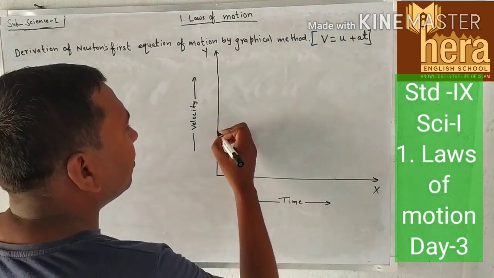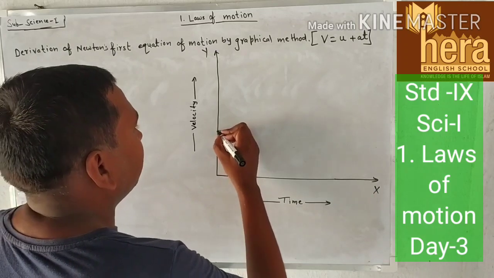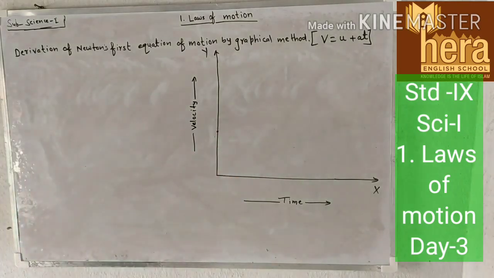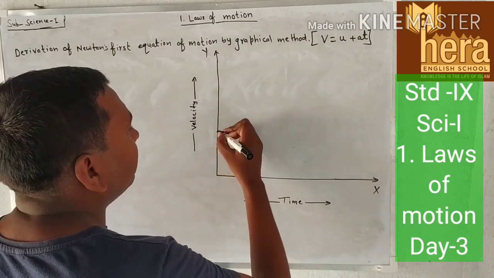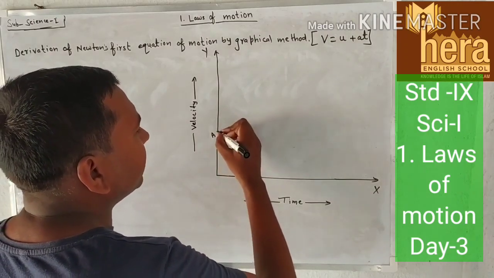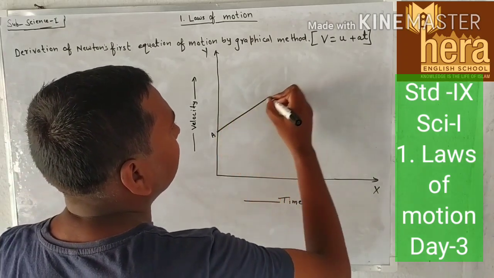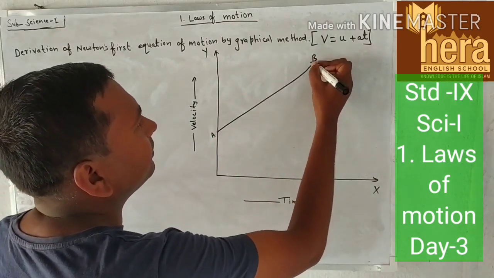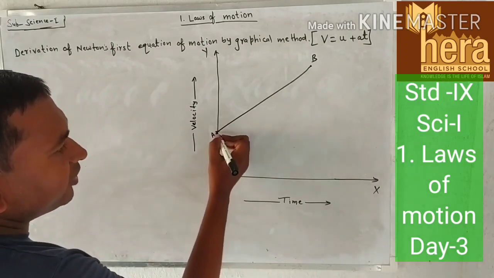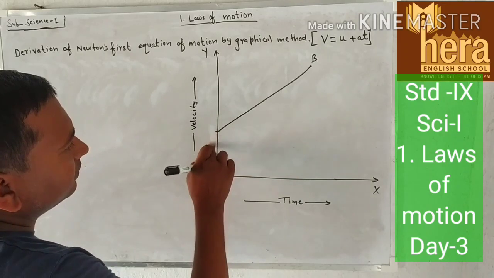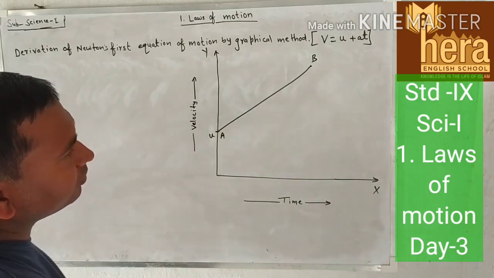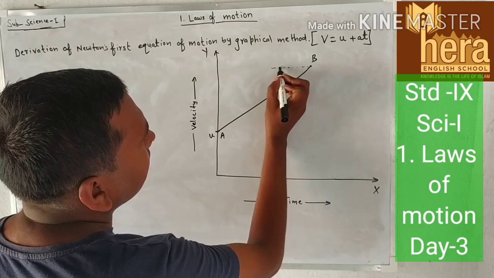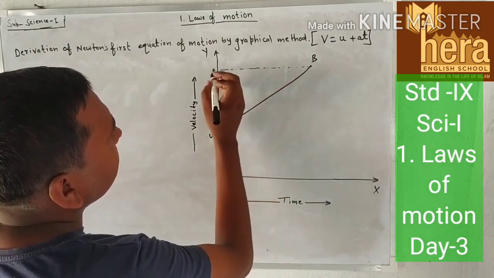Suppose an object starts from point A and it came here at point B. Say point A has initial velocity u, and this is final velocity, say v.